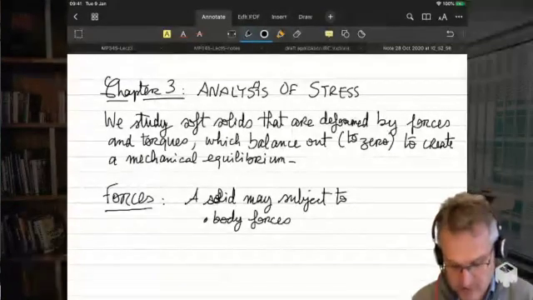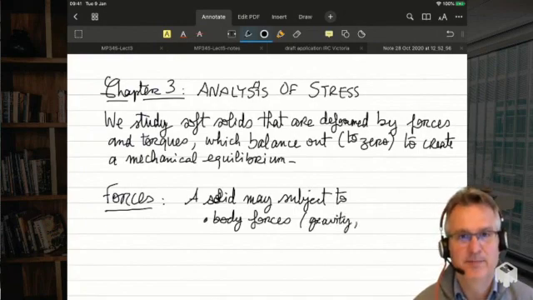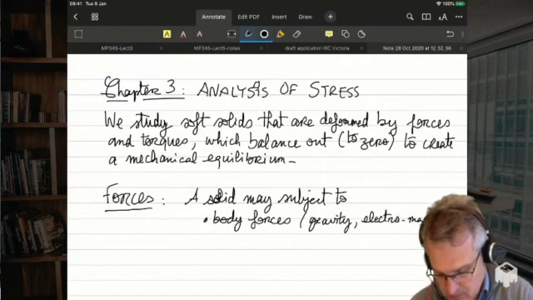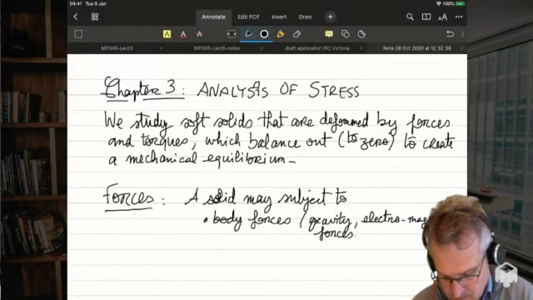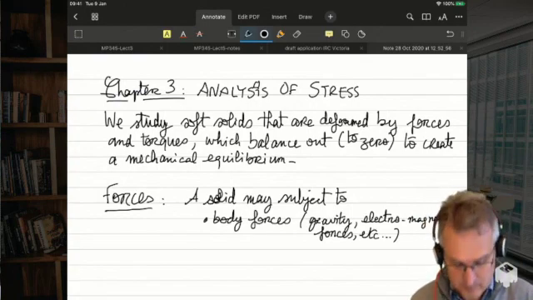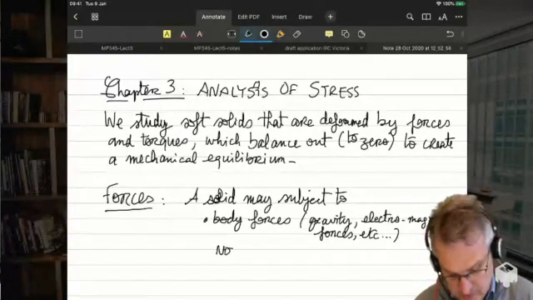Just to give you an example, gravity will apply to every particle inside the body. Or electric forces, magnetic fields, and so on, electromagnetic forces, etc. Those forces, we won't consider them in this course. So that's nice. Takes care of that part.